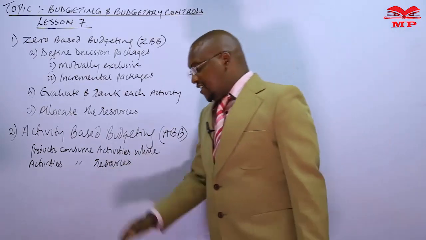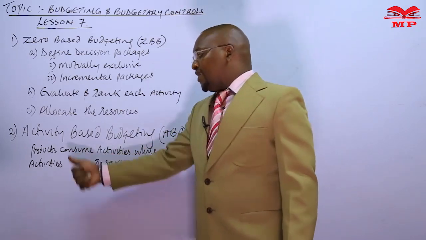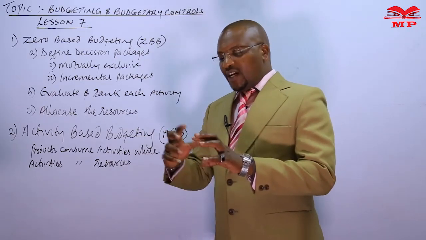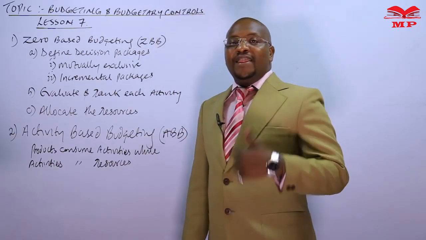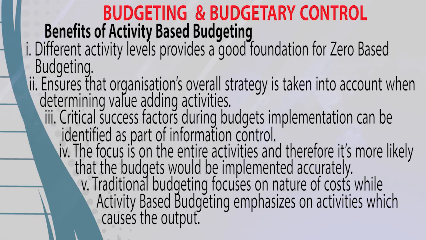Instead of addressing that, you can address the activities which the product consumes. What activities does that product consume? That is what we call the cost drivers. The drivers of this cost are the ones we focus on, because if you address that driver or that activity, you'll have addressed the cost. And that is why we say that it may be effectively implemented.